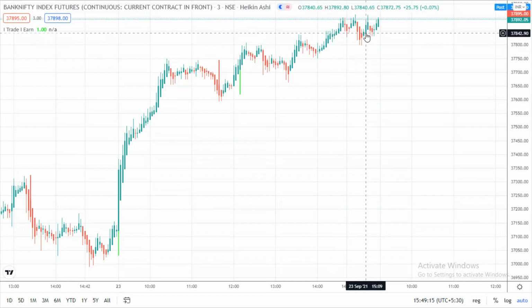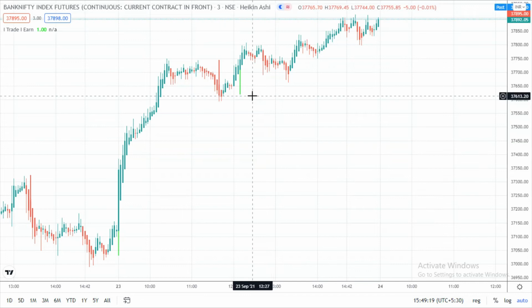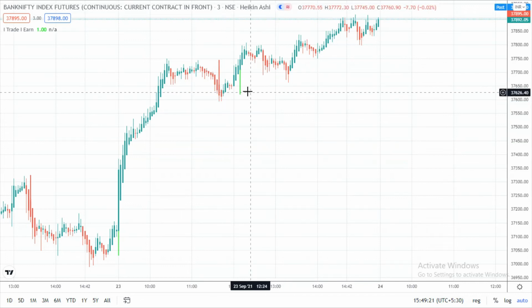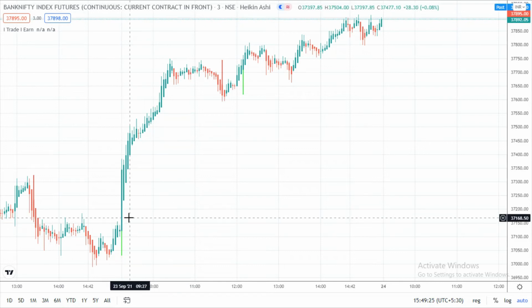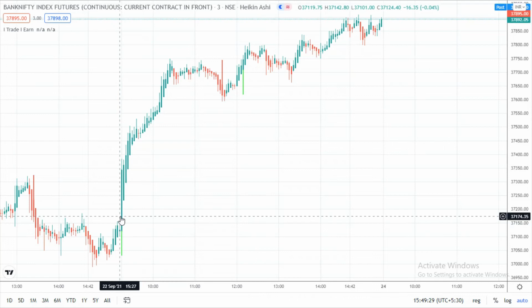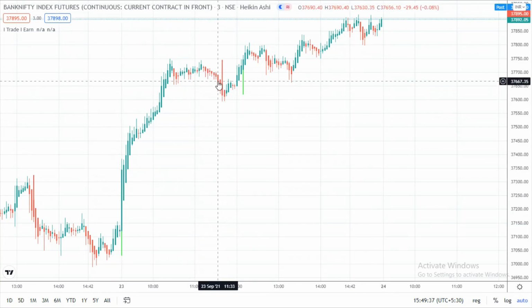Now let's start from here. On the 23rd we got a buy signal at 9:15 on this indicator. From here it shot up. So when we got a sell signal, we sold it. What is the time? 11:33.